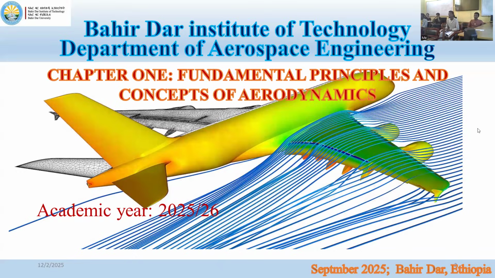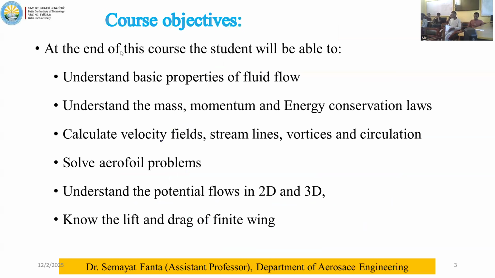The objective of this course is to understand the basic properties of fluid flow, to know the different conservation principles like mass, momentum, and energy conservation laws, to calculate flow fields, velocity, streamlines, vortices, and circulation, to solve airfoil problems, and to understand the potential flow in 2D and 3D airfoils.